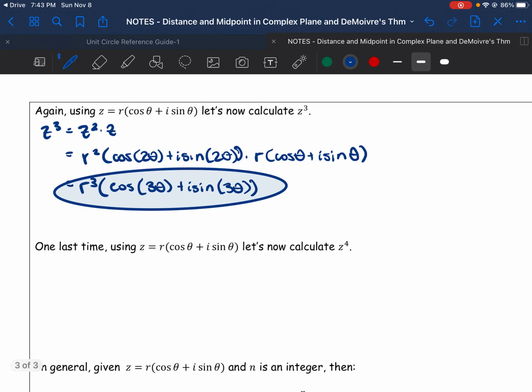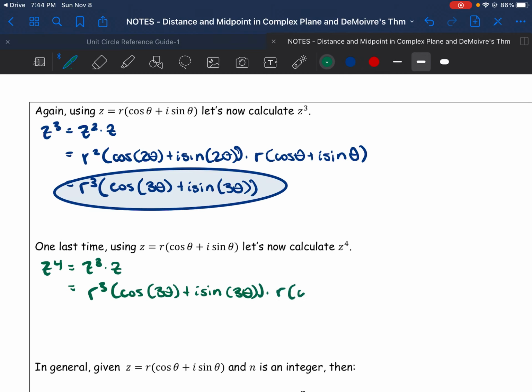So now let's go ahead and calculate z to the fourth. Well, one way that we could define that is z to the third times z to the first. And we just found out that z to the third is r to the third cosine of 3 theta plus i sine of 3 theta, times, well, we know z is just r times the cosine of theta plus i sine of theta.